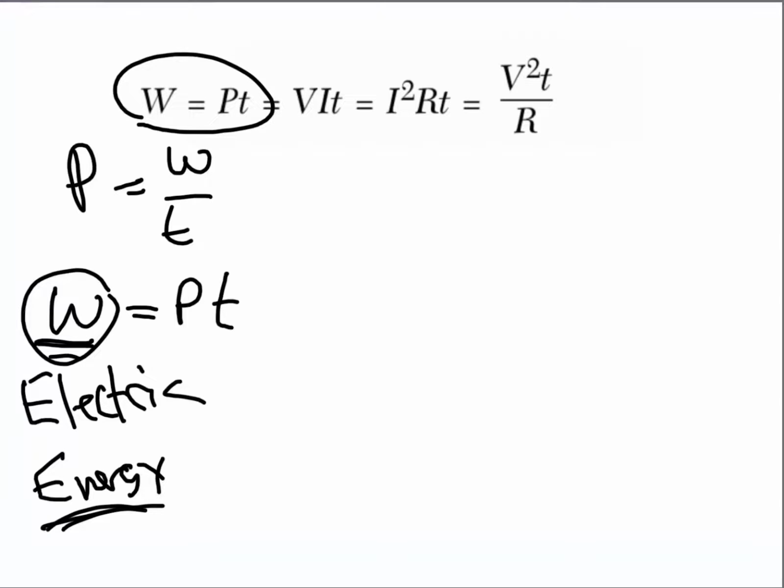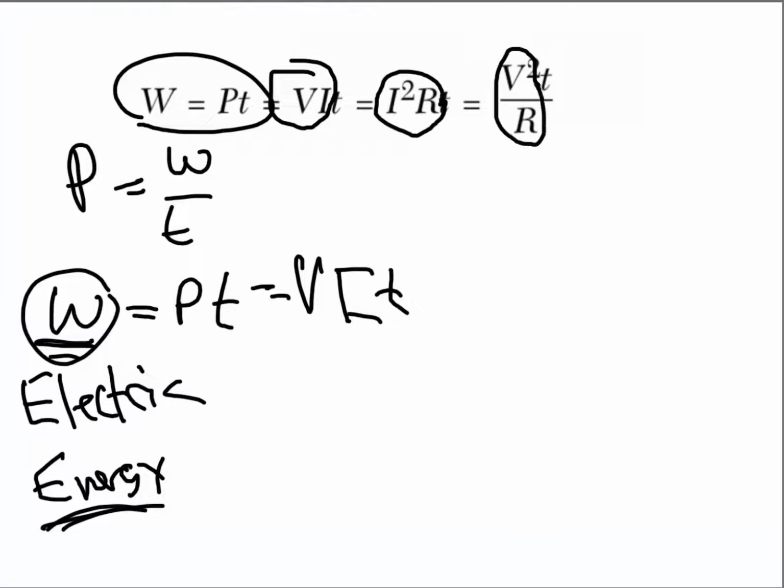Okay, so this is a formula for electric energy, so all they've done is they've solved the power formula for W. Now, because they don't think we're terribly bright, they then said, well, we know P is equal to VI, so we need to tell them that work is equal to VI times T. And then they did the same thing here. Since power is equal to I squared R also, it's I squared R times T, and same thing here. It's equal to V squared over R times T.